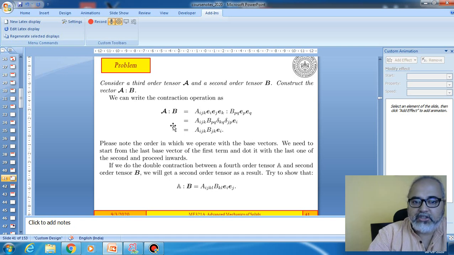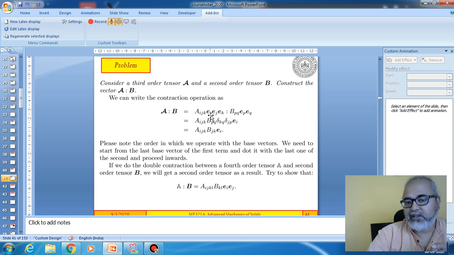So when you do this operation, you need to remember the order in which you operate on the base vectors. The first one is a third order tensor, the second one is a second order tensor, and when we operate, we go at it like this: the last with the last, then the second last with the second last, then the third last with the third last, and so on.